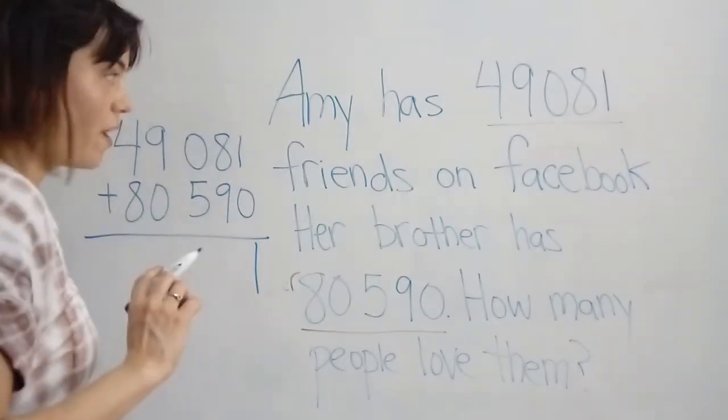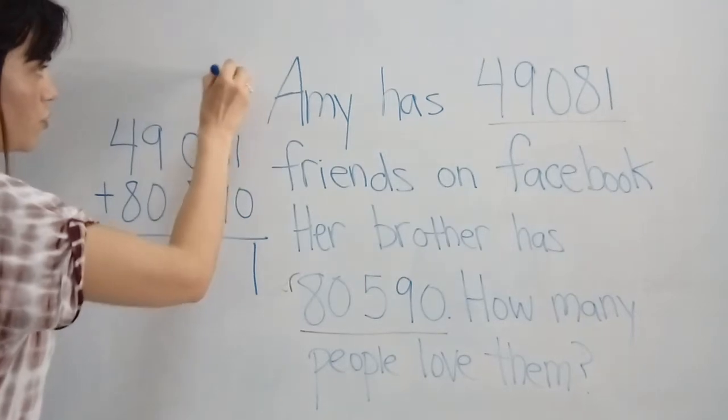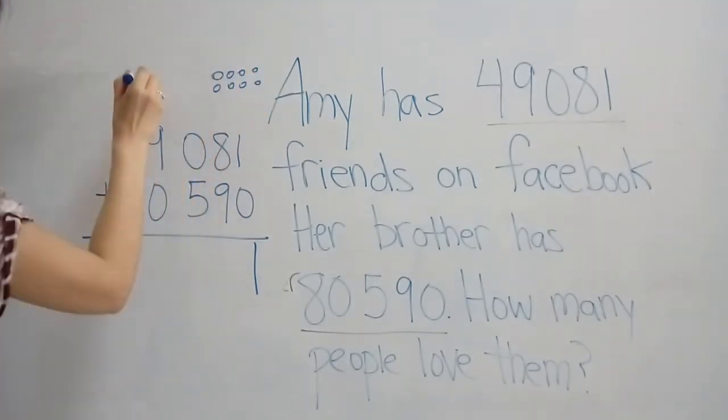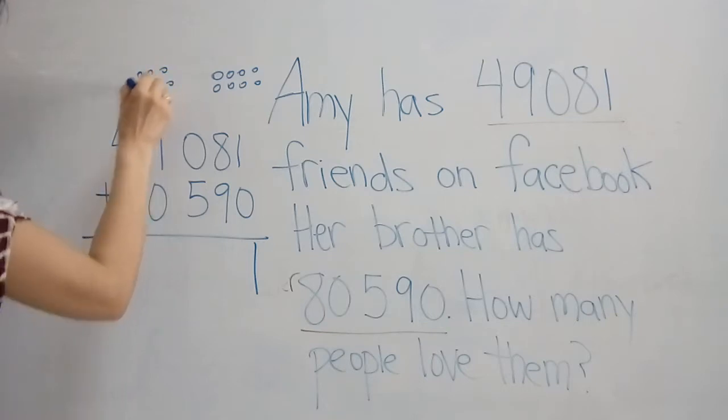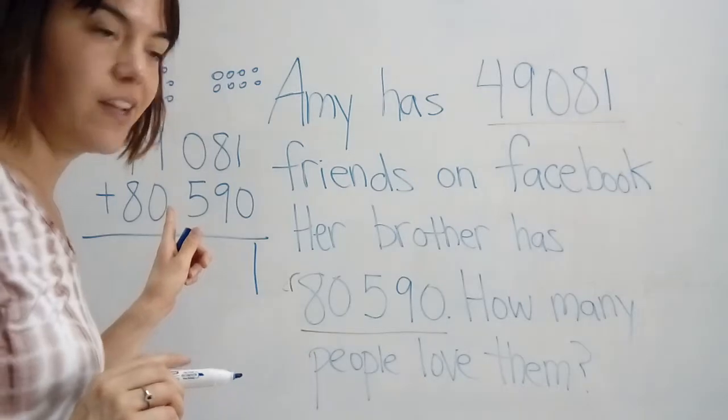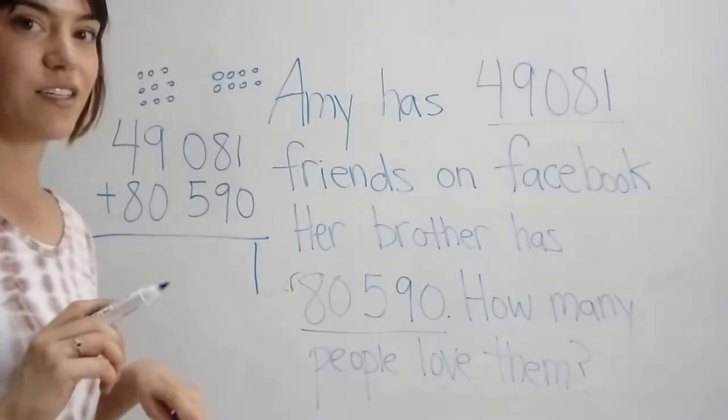Now, if you don't know how to do this, I hope you will draw circles. You'll draw 8 circles plus 1, 2, 3, 4, 5, 6, 7, 8, 9 circles. And now count all your circles. That gives you 17 circles.